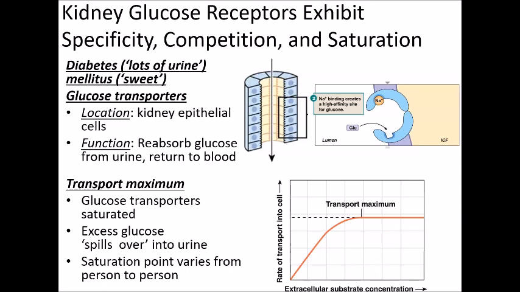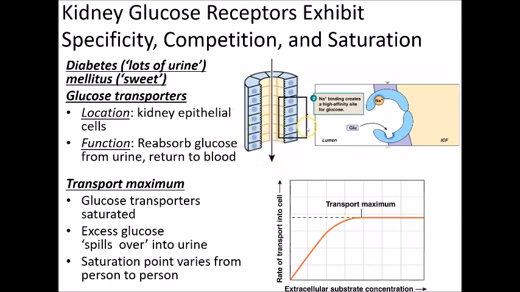The glucose is often reabsorbed through the kidney by glucose receptors. Like all protein receptors in the body, they exhibit three primary characteristics: specificity, competition, and saturation.